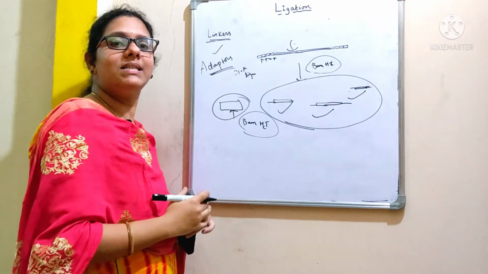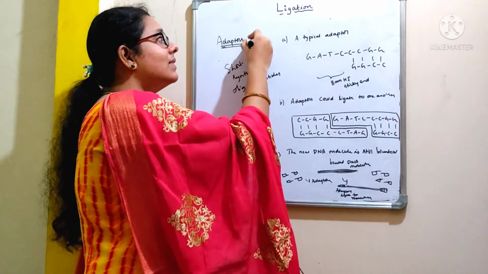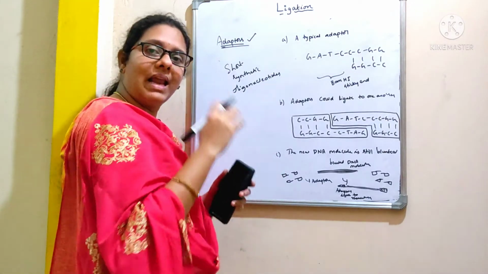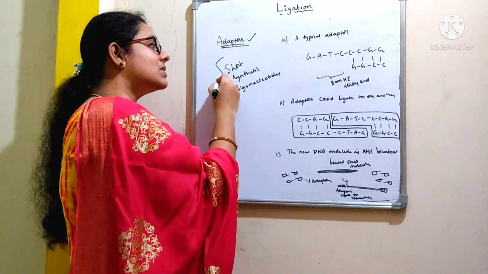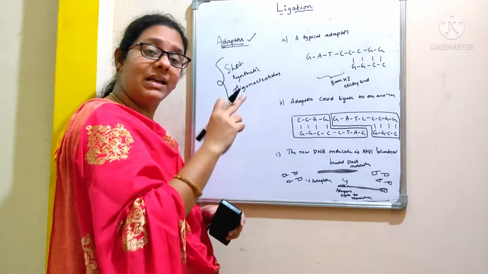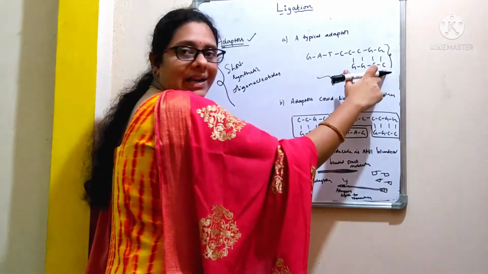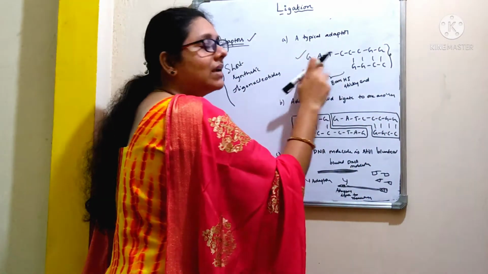Now let us discuss these adapters in detail. Coming to the other one, that is adapters. Like linkers, these adapters are also short synthetic oligonucleotides. Unlike linkers, these adapters will have a blunt end at one end and a sticky end at the other end.